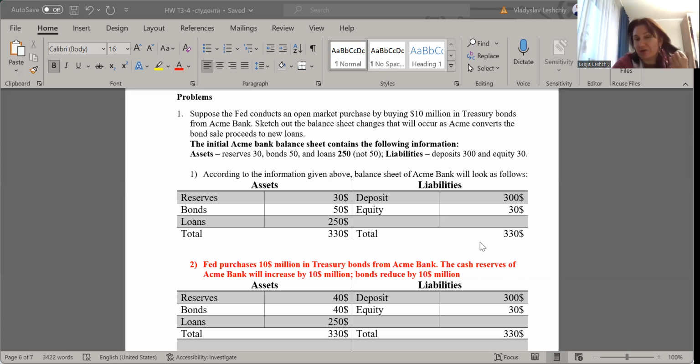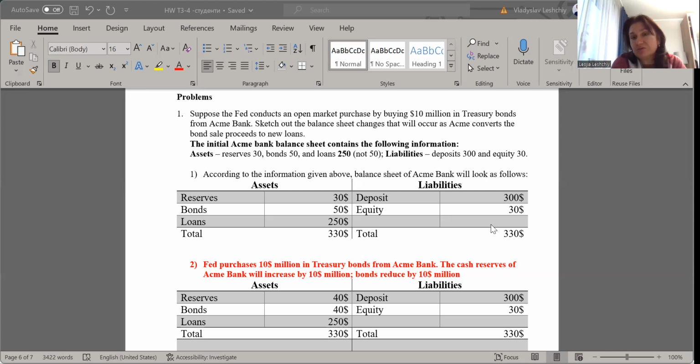We remember from accounting, assets in banks are different than assets in a business entity, in a producing company, for example. And it consists of reserves, bonds, loans. It's everything that is included into assets. And liabilities are shown by deposits and equity.